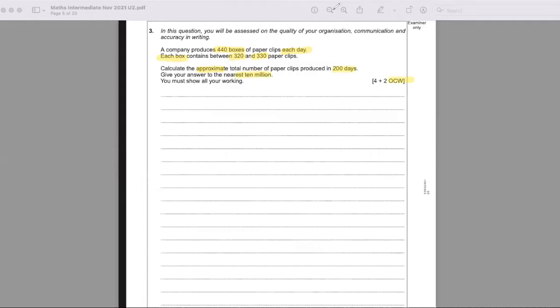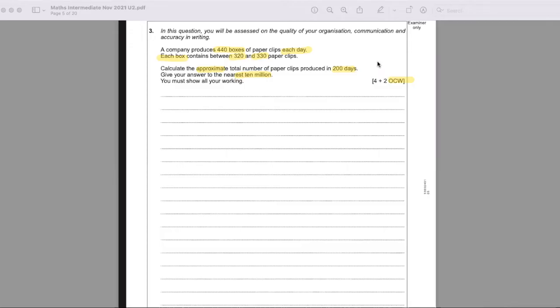Now, this is an OCW question. So again, they're asking you to explain each step and also include all the relevant units, okay? So it's really important that you don't just write down lots and lots of different calculations without properly explaining what you're doing with them.